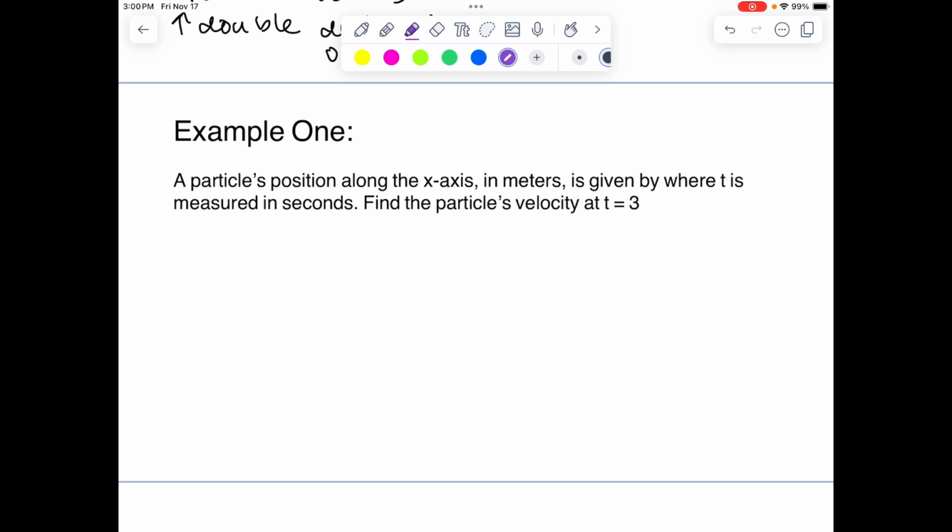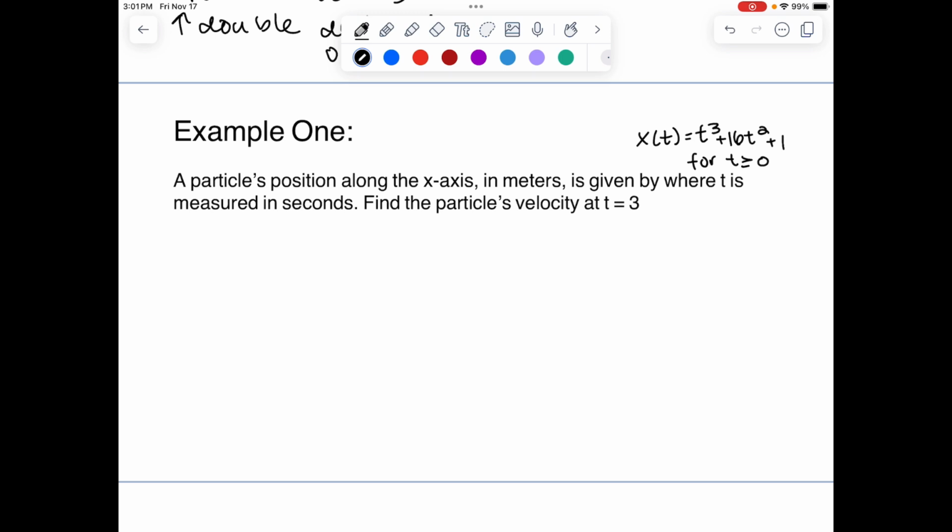So this says a particle's position along the x-axis in meters is given by, sorry, let me add the formula in right over here, x of t equaling t cubed plus 16 squared plus 1 for t is greater than or equal to 0, where t is measured in seconds. Find the particle's velocity at t equals 3.